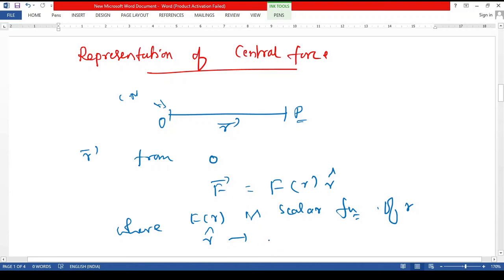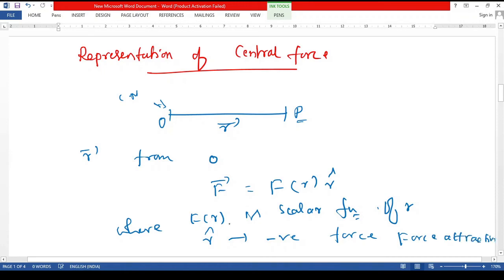Here the sign is negative if the force is attractive. If it is negative, the force is acting towards the center, or the force is attractive.